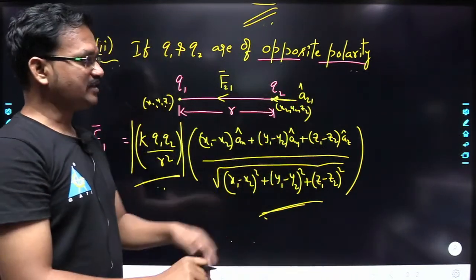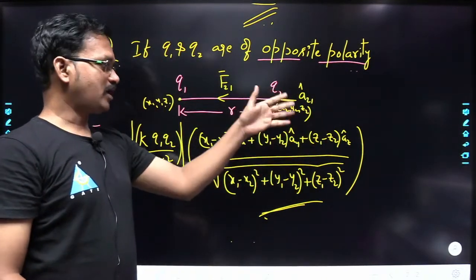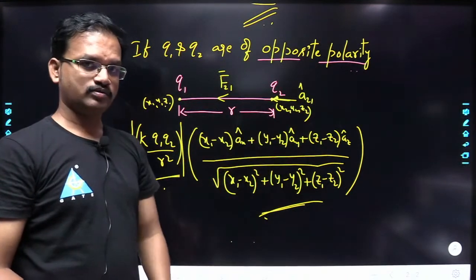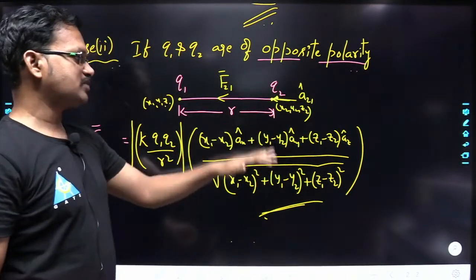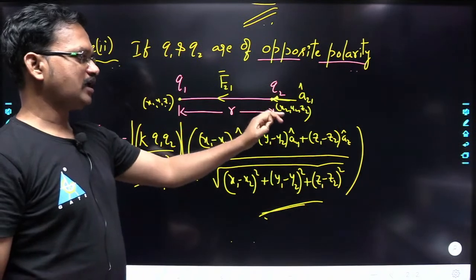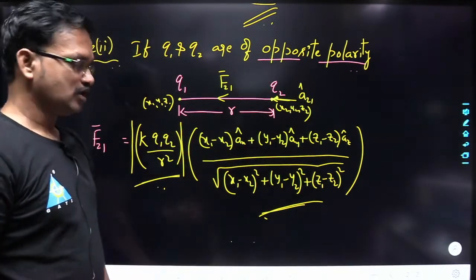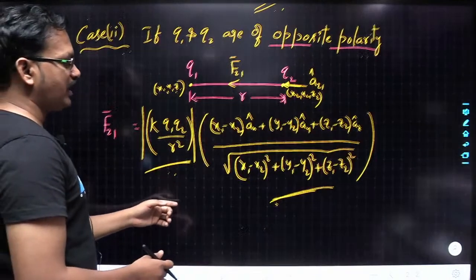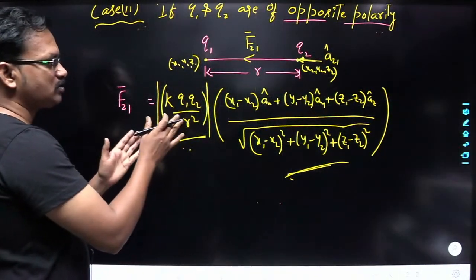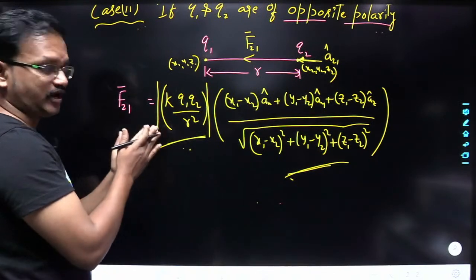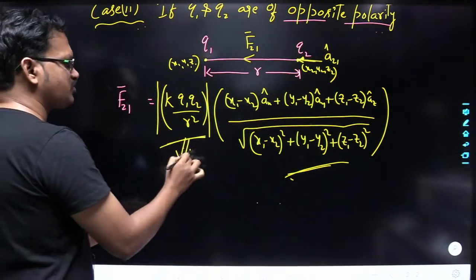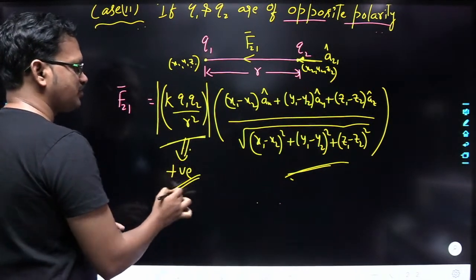Why is the direction of unit vector changing? Because the polarity has changed now. Right? So that's what I have said. Always the effect of polarity will be taken care by unit vector, and hence whenever you are writing the magnitude, don't include the effect of polarity. Always this must be positive.